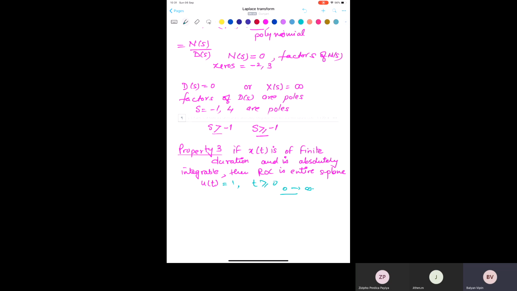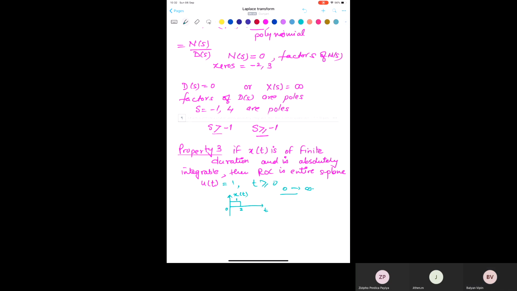So when we say finite duration, suppose I'm saying a signal like this, let's say defined from 0 to 2, or 0 to 3, 4, with amplitude 1. Then this signal is a finite duration signal. It can be on the positive side, negative side, or both sides, but it should be of finite duration.